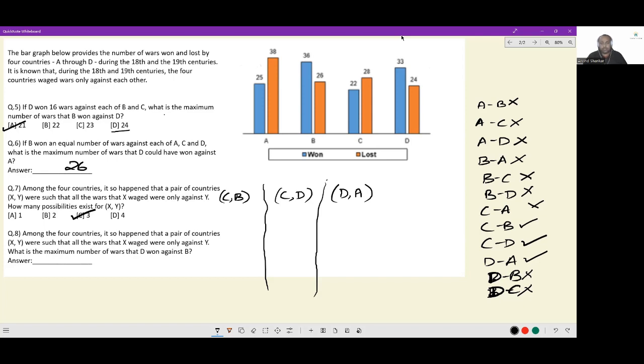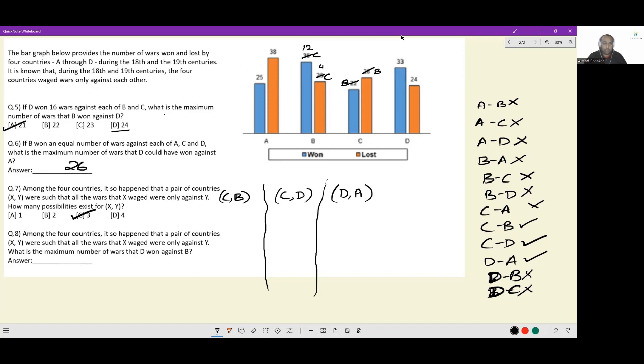C against B. If C played all its matches or waged all its wars against B, can I say that 22 wins will go against B and against C? This is done. And 28 wins against B, 12 now against C. This much is done.